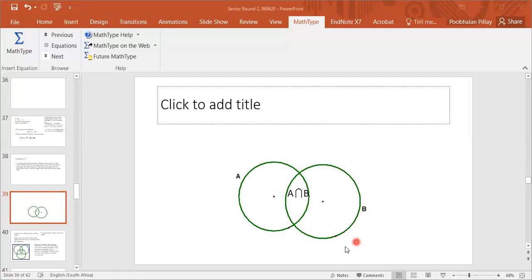And likewise, these guys are the people who are in B and not in A. Right? And if you take an object out here, it means this guy is neither in A nor in B. He's out of the loop. He's out of the circle. Right?